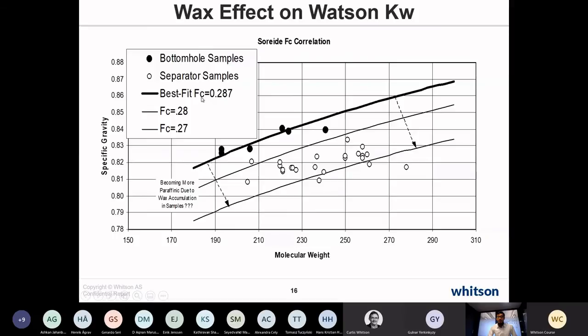FC represents the characterization factor from the Sureda correlation, and we generally use the Sureda correlation because it's available in the software that we use, FaceCom. But I guess you can use any correlation as far as it is following the measured trend that you have from the field. So you just try different correlations and see which one gives you the trend that you see in your field.